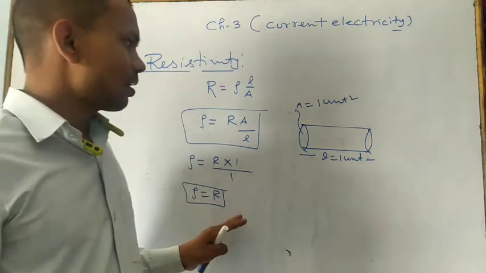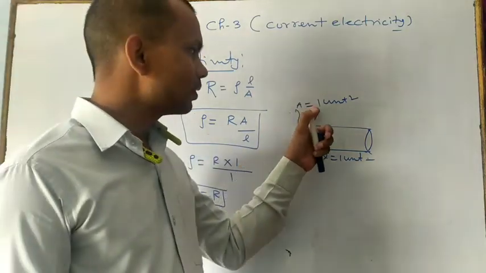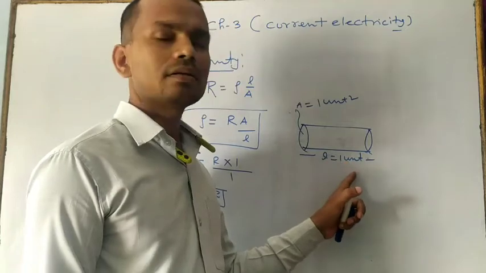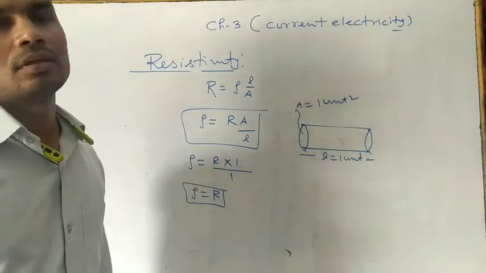Means the resistance offered by any conductor of unit cross-sectional area and unit length is known as the specific resistance of that conductor.